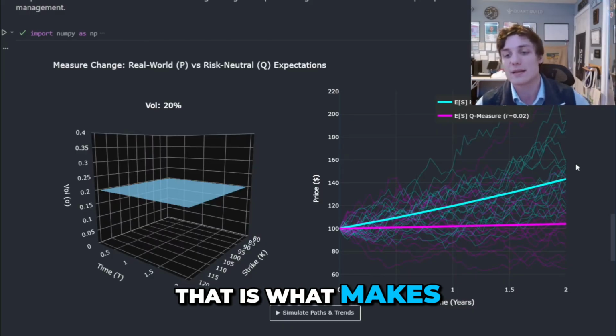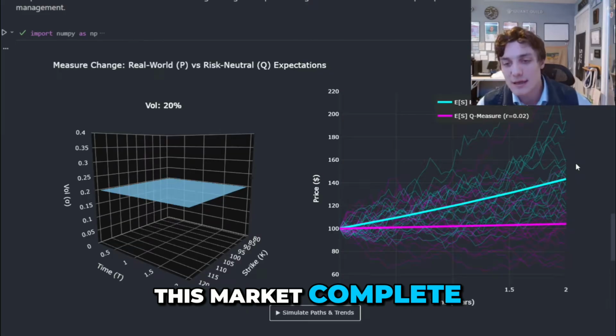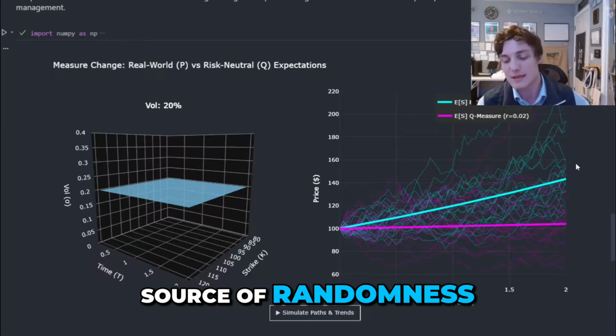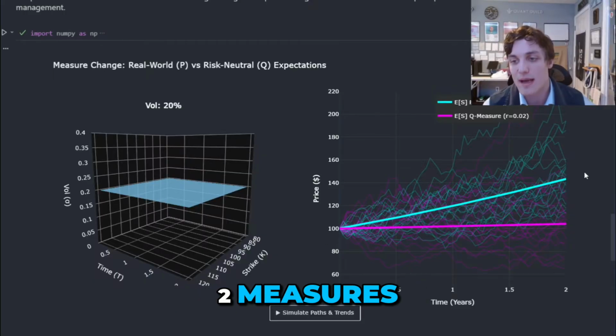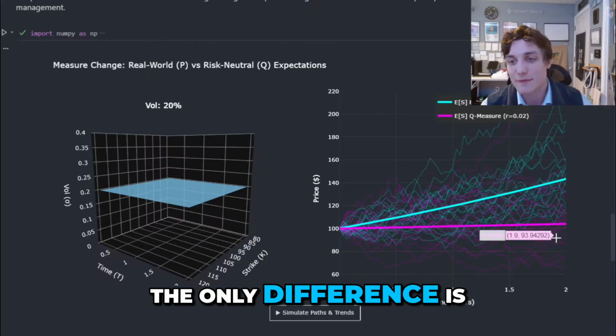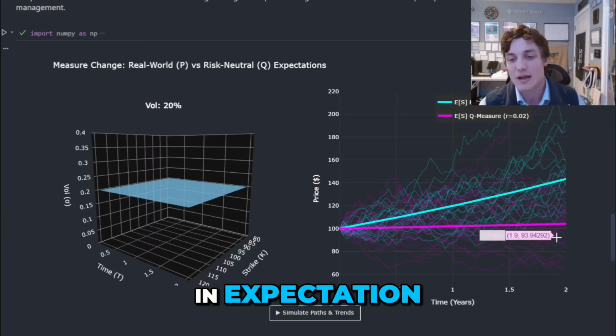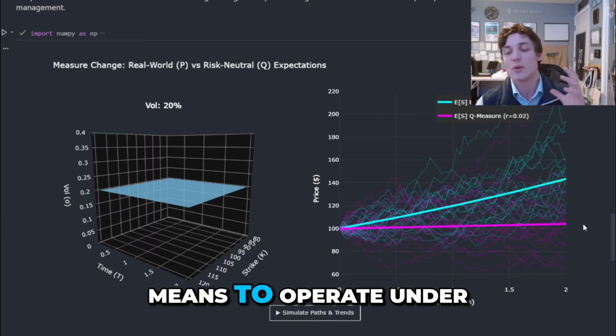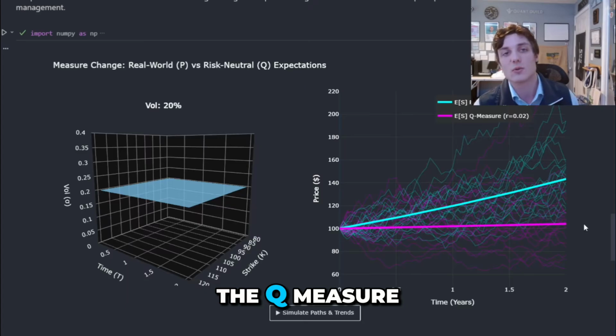That is what makes this market complete. There is only one source of randomness. So when we take a look at these two measures, the only difference is in expectation, we are going to be earning the risk-free rate. That is what it means to operate under the Q measure.